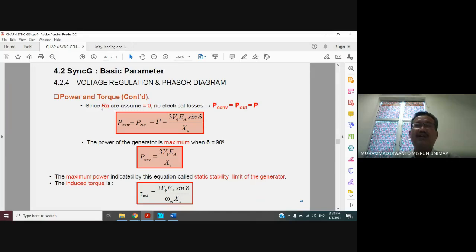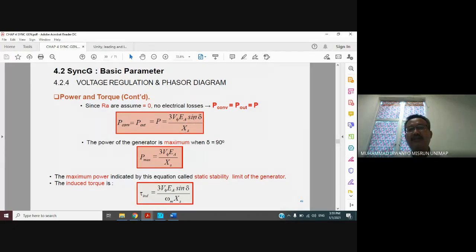Okay, and then when the armature resistance RA is 0, meaning converted power is equal to output power. And then we can write converted power is equal to 3 times V phase times EA sin delta divided by synchronous reactance.